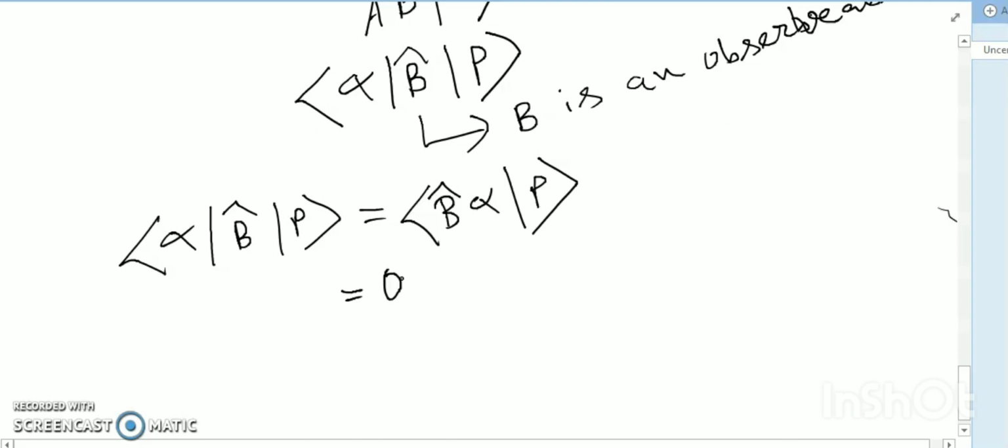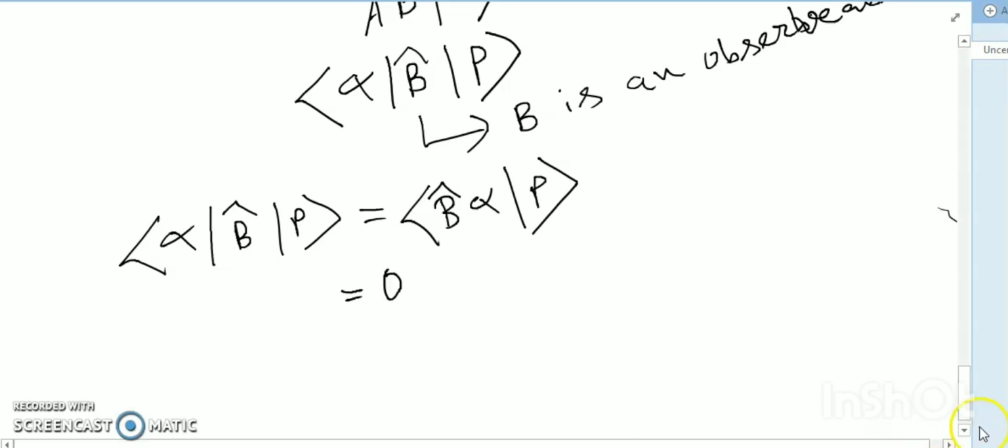Since alpha is an arbitrary vector in the eigenspace, this now implies that after acting B on P, it must remain orthogonal to the entire eigenspace.